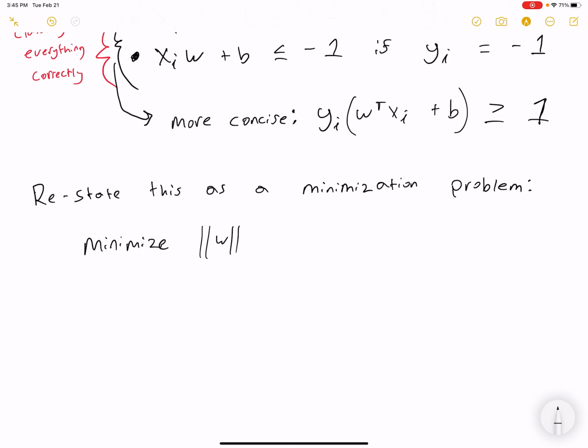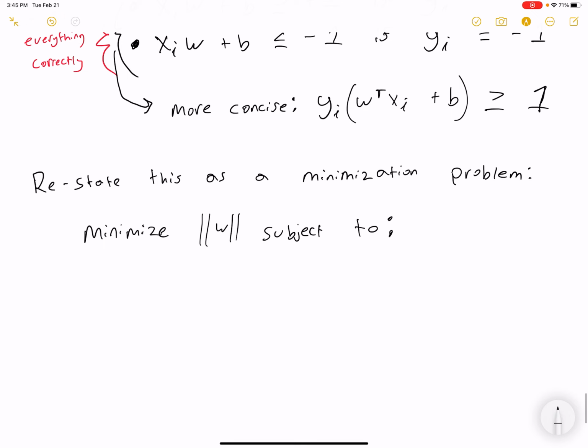So just minimize the reciprocal and remove the fraction, which, as we talked about, maximizing or minimizing a constant times something is the same as maximizing or minimizing the original thing, subject to the constraint that we wrote above, yi times W transpose xi plus b is greater than or equal to 1.